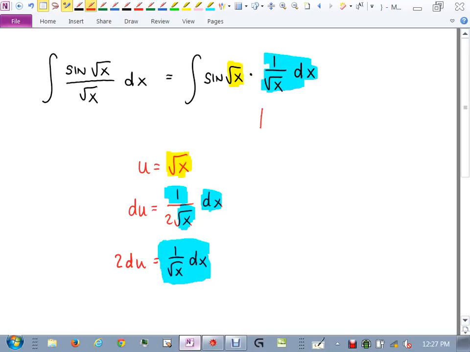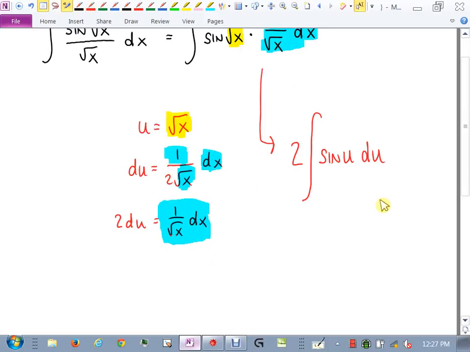Shall we rewrite now? Integral. Then what? 2. Okay, you want 2 out there now? Sine u du. What's the antiderivative of sine of u?